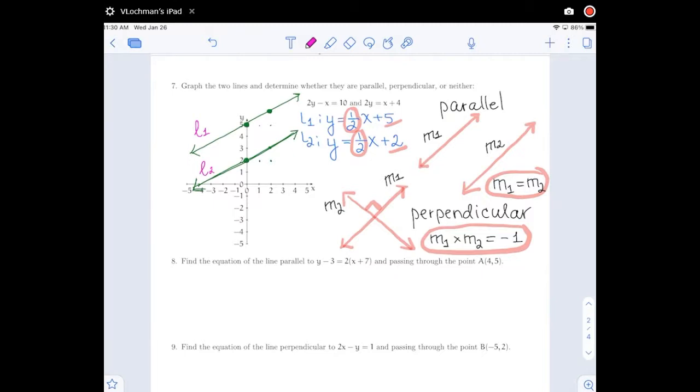And you can see that even though our sketch is by hand, it's not super accurate, yeah, these two lines are indeed parallel. So parallel, we've confirmed it algebraically by determining what those slopes are, and also graphically. And of course, you can use Desmos to just check it again with a graphing utility.